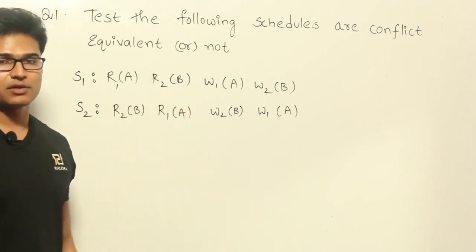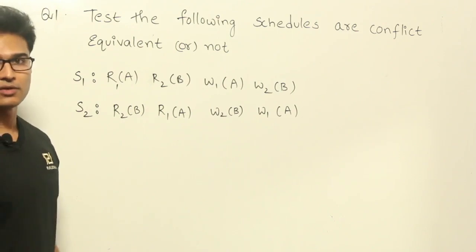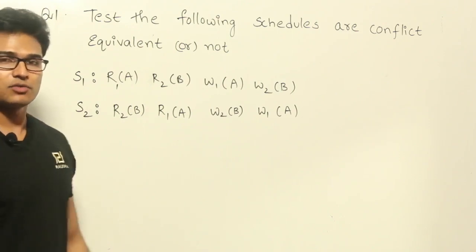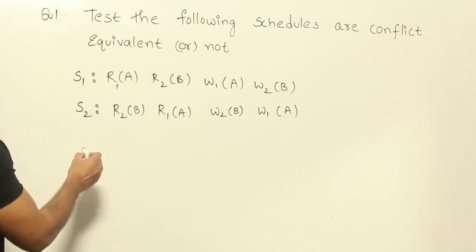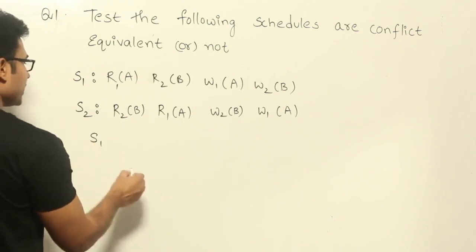Otherwise, the simplest or easier method, without any ambiguity, is to write the schedule in a tabular form. If I write the schedule in a tabular form, then S1 is going to look like this.